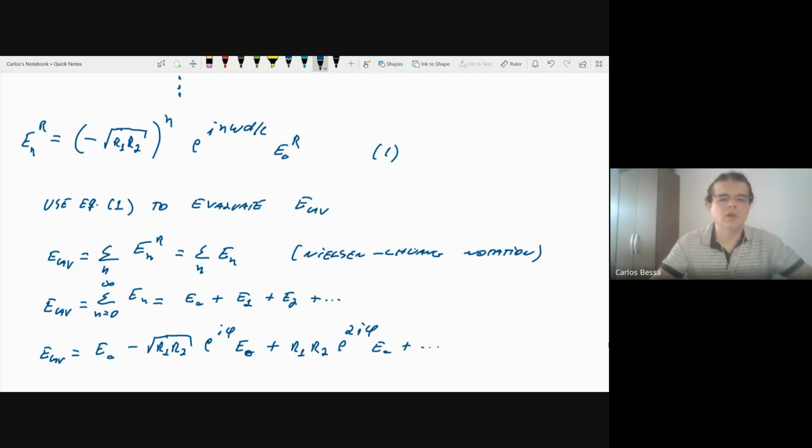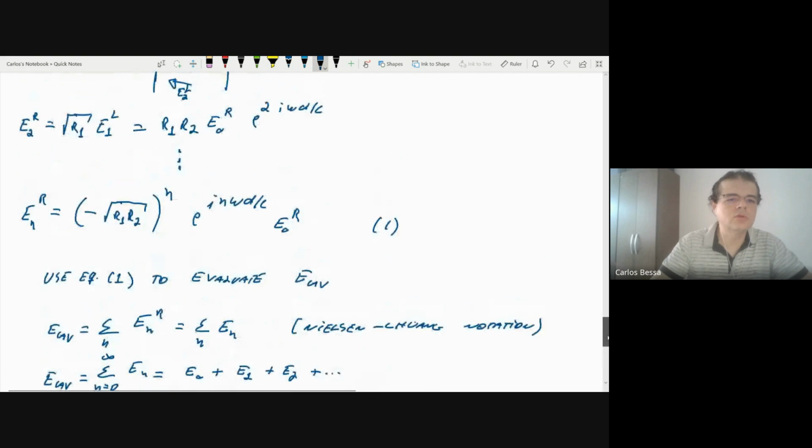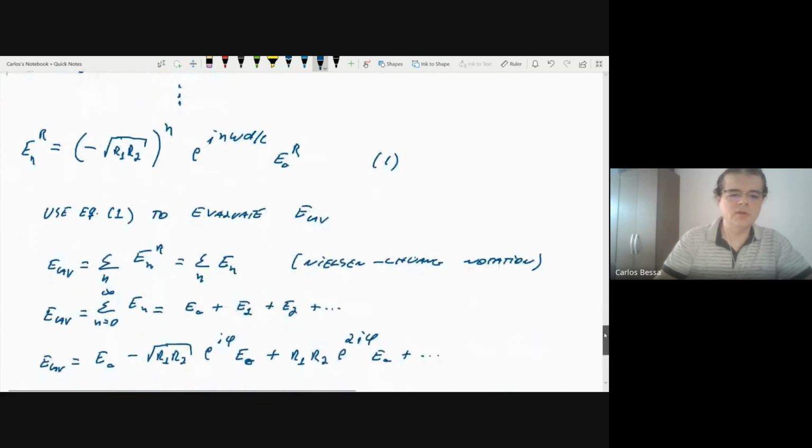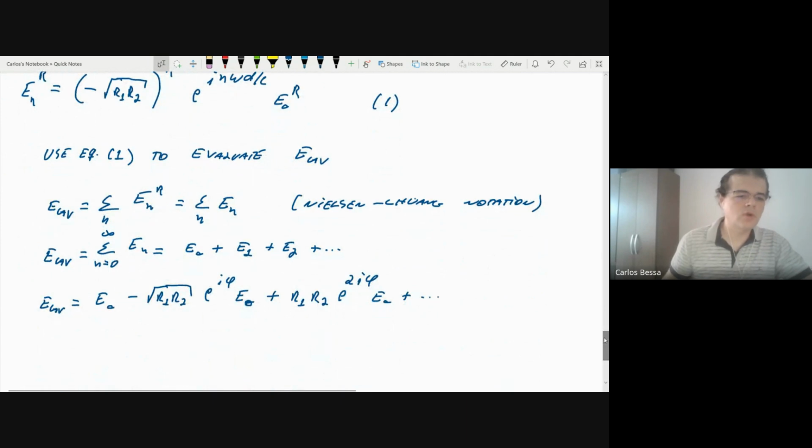Okay? But this is just this expression here, this, that's square root of R1 R2, exponential of this. I forgot to define phi, where phi is omega d over c.